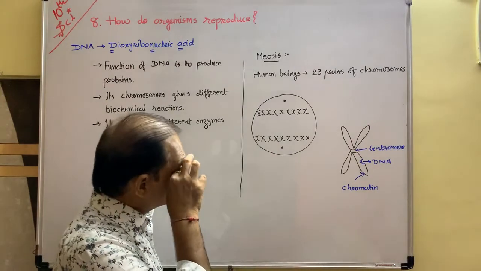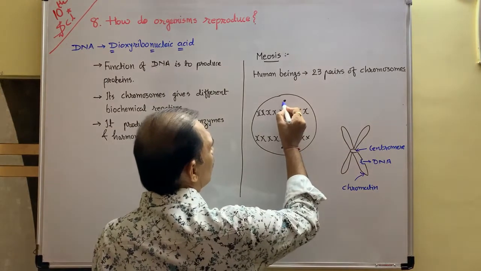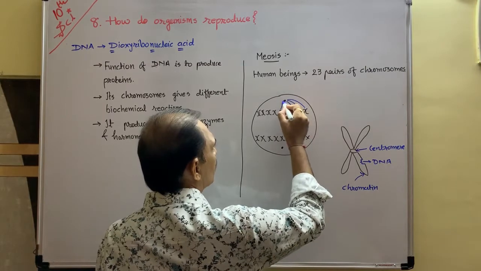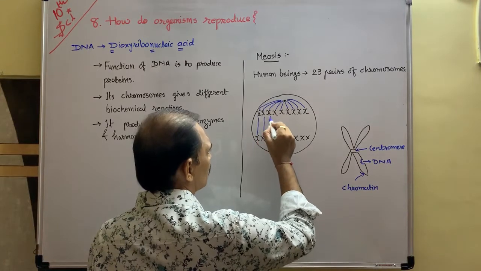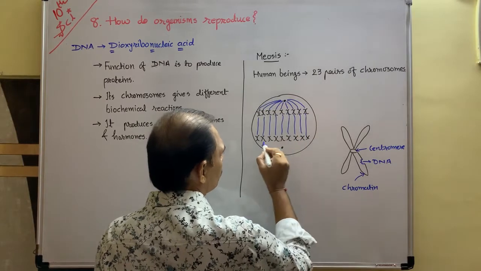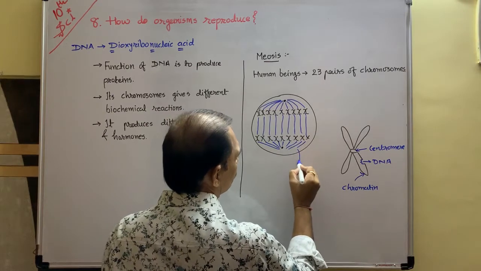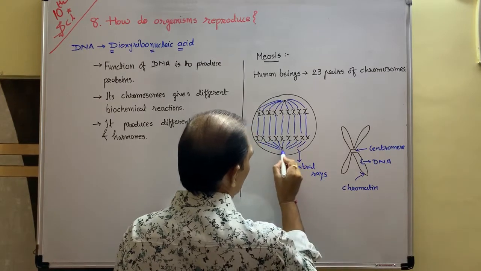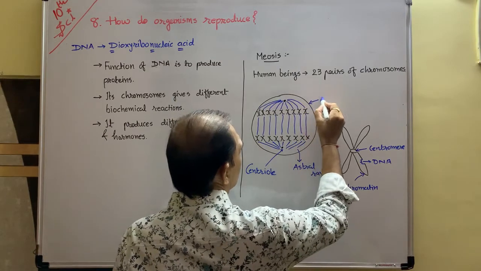Now, this centromere, the center of the chromosome, is connected with this centriole with these small rays. These rays are known as astral rays. Don't worry, all these things are not in your course. This is for your concept, for your knowledge only. This is called the centriole, and this is the cell.